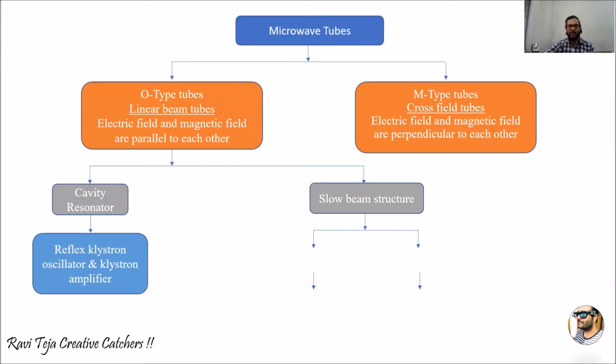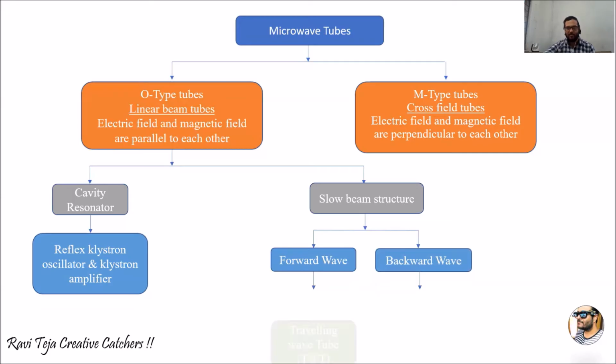Coming to the slow beam structure, we have forward wave and backward wave. In the forward wave, we have the traveling wave tube, which can also be called the TWT. We will see in further classes what a TWT is and how a traveling wave tube works.